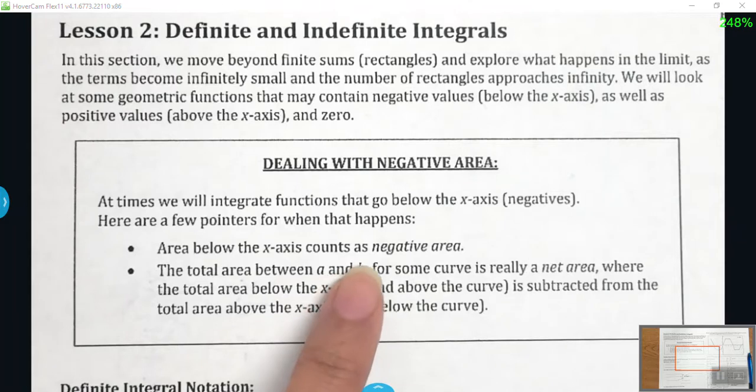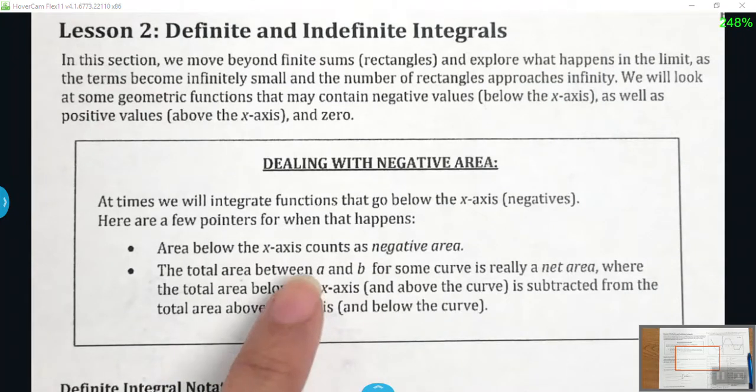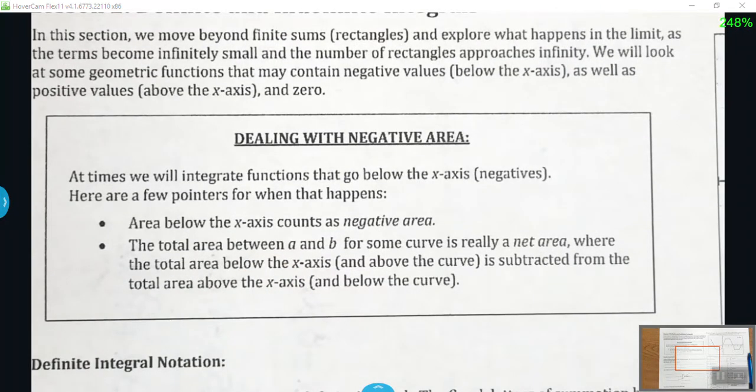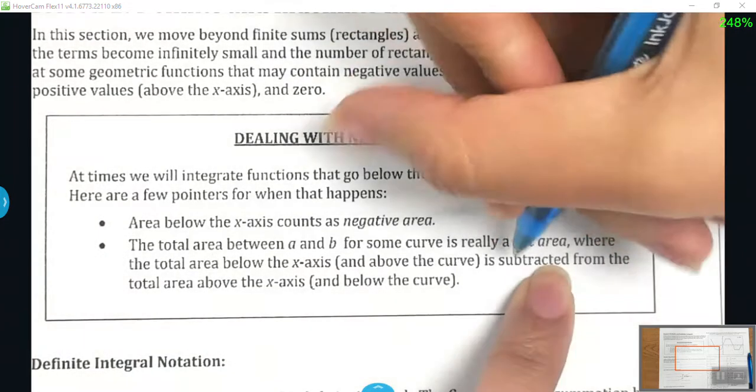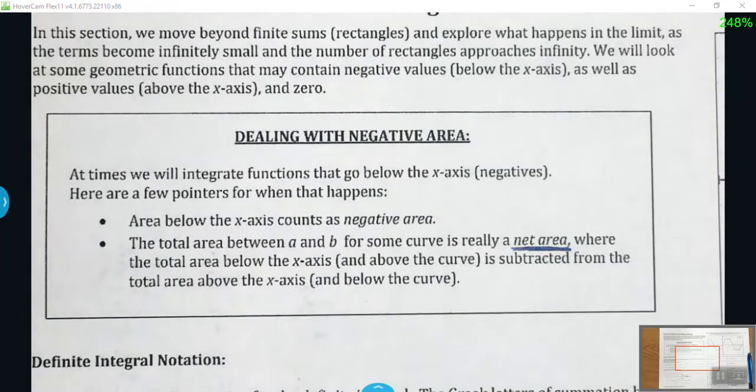So anything below the x-axis will count as negative area. When you add up all the areas from below and above the x-axis, you get what's called net area, like total accumulated area: adding the area that's up top and taking away the area that's below. That's what the definite integral gets you.